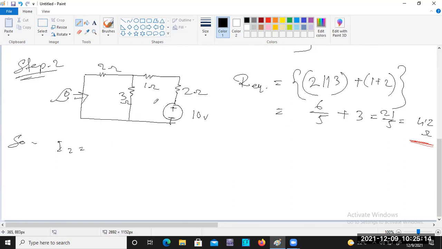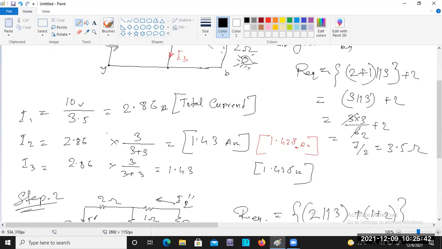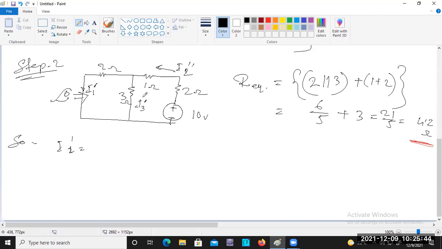Now the main current is I1 dashed. This is I2 dashed, this is I3 dashed, with 2, 3 and 1 here.